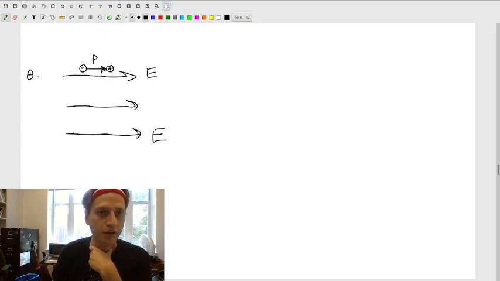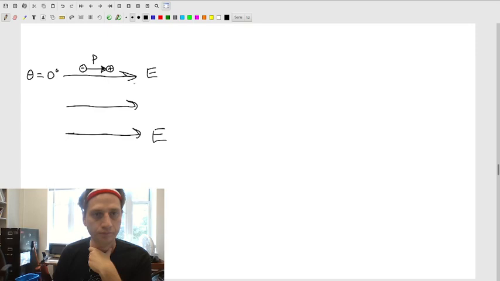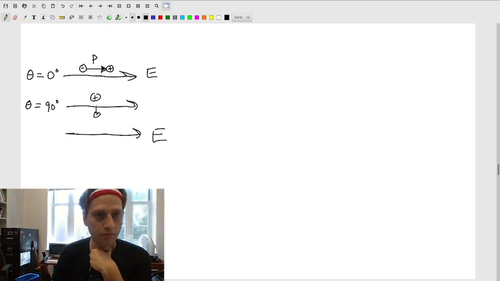So in this case, I would have my angle between the dipole and the electric field as 0. I could have my angle as 90 degrees. So here I have my minus and my plus. There's my dipole. Or I could have my angle as 180 degrees.